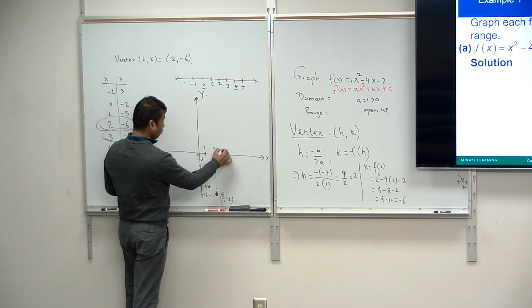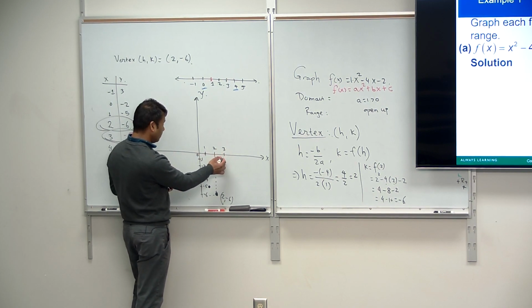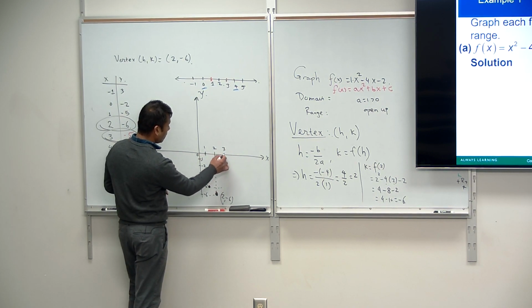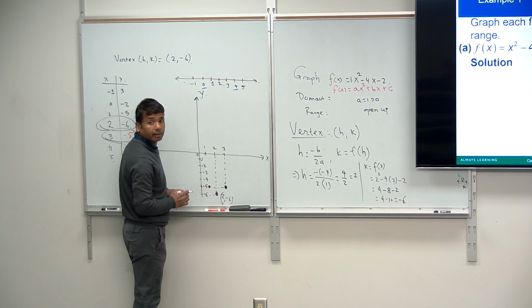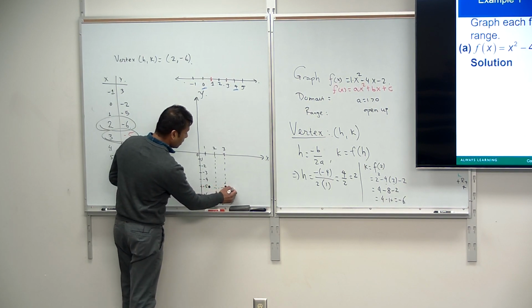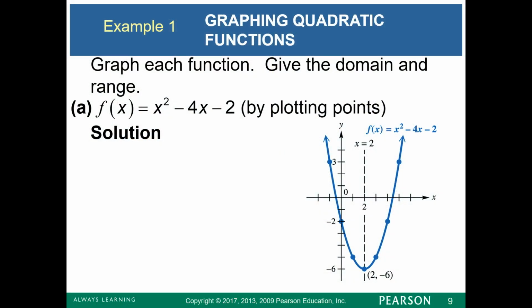So 3 units right, 5 units down. Are you guys with me? So this point is 3 comma negative 5, and this point is 1 comma negative 5.